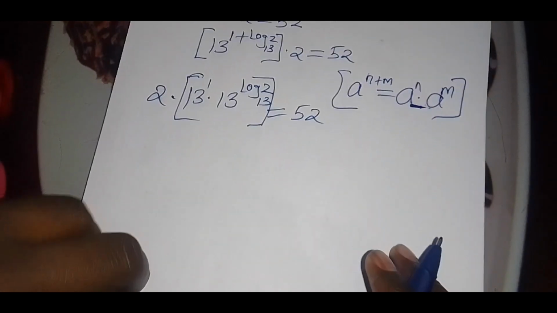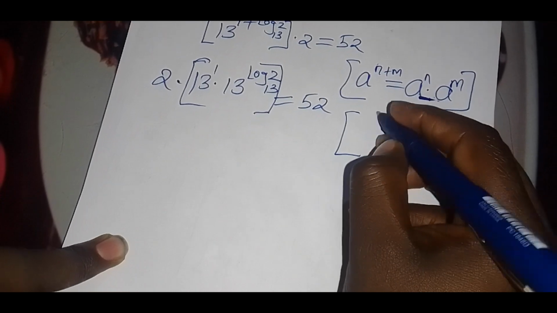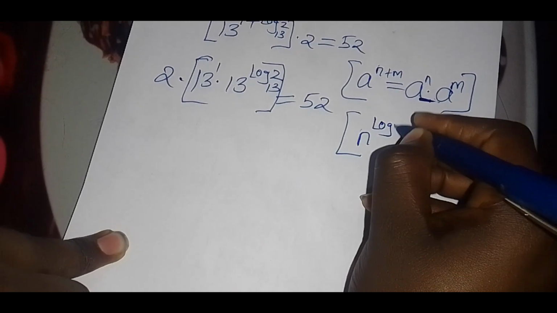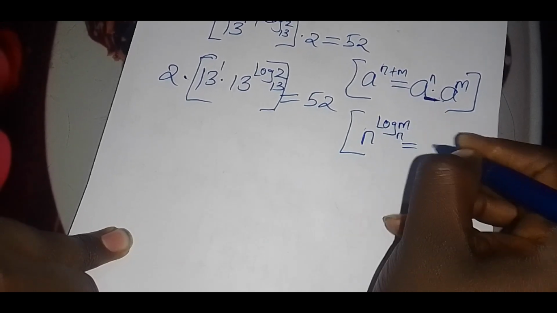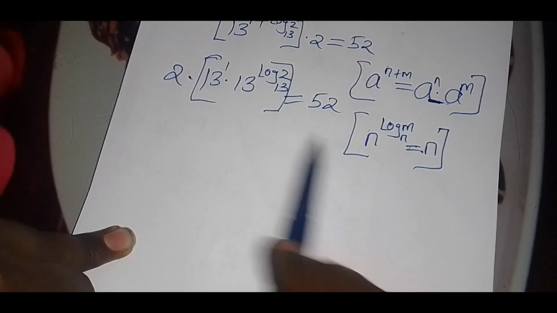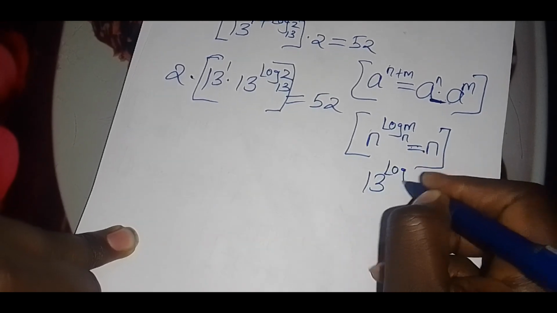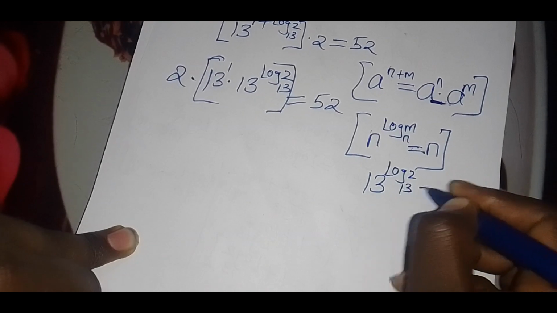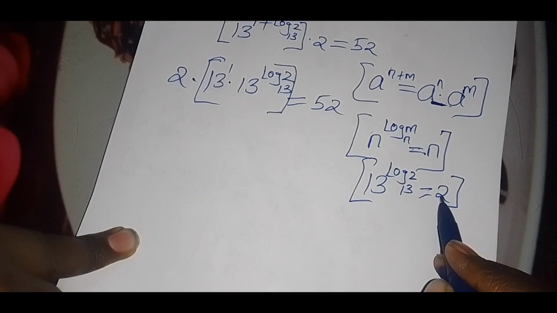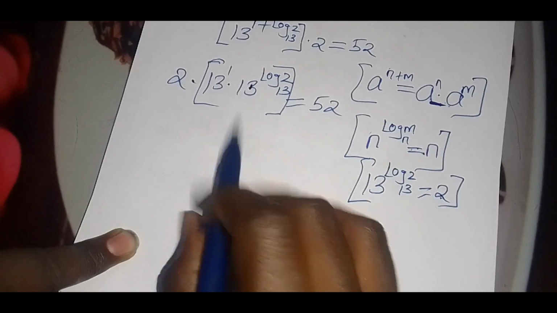Okay, now applying this interesting identity, if you have n raised to power log m to base n, this essentially is going to give you m. So applying this property, in our case we have 13 raised to power log 2 to base 13. This is essentially going to give us a value of 2. Okay, so that now we substitute a value of 2 back to the equation.